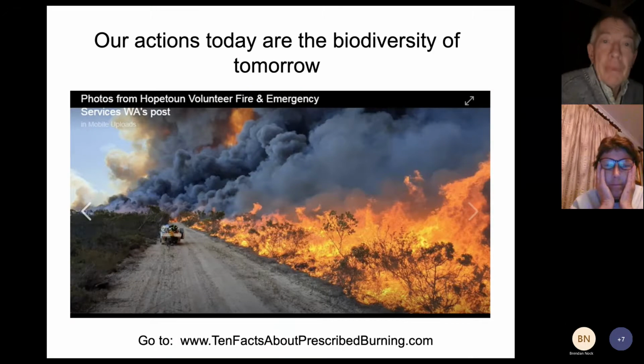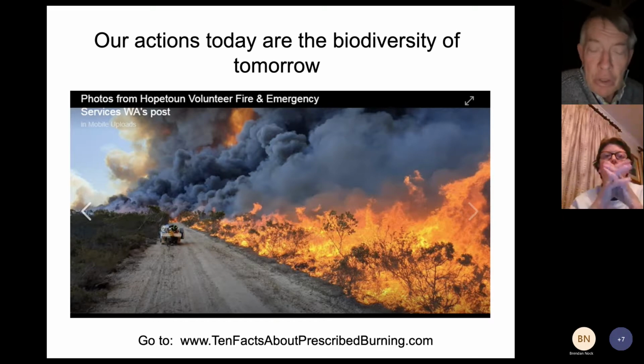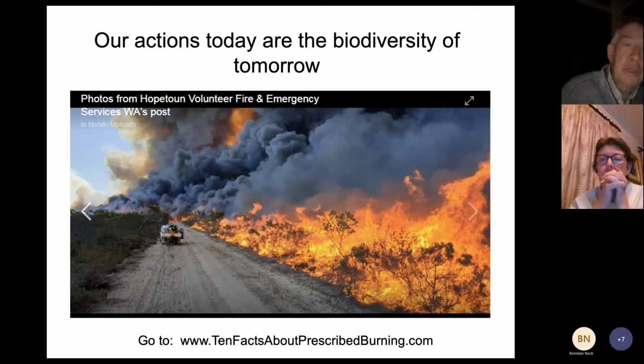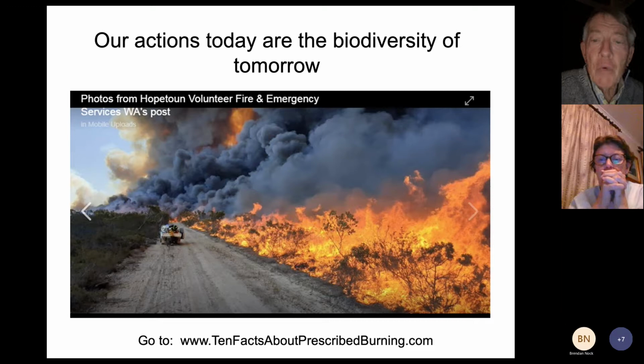But to conclude with, our actions today and how we do things today will be the biodiversity of tomorrow. I started with that image of prescribed burning. There's emerging science and new papers being published showing that if we continue to do this on our landscapes, this will cause major impacts that will be irreversible. This is not a piece of wasted bushland or scrub.